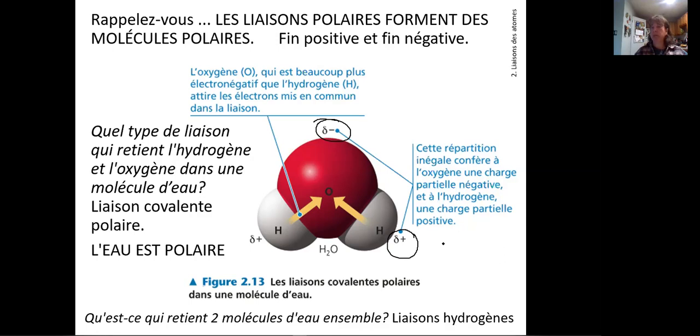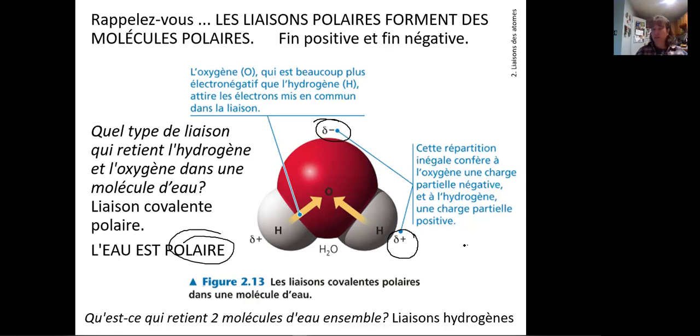What type of bond holds together hydrogen and oxygen in this molecule? Polar. However, think about many water molecules. Like in a drop of water, we have many, many water molecules. What keeps them close together?